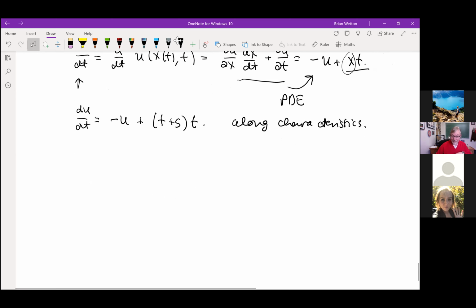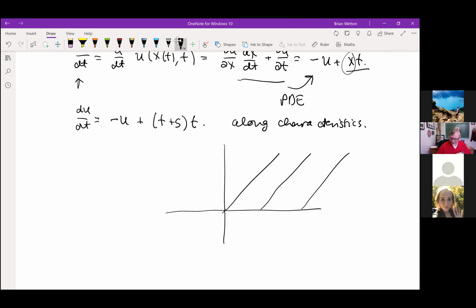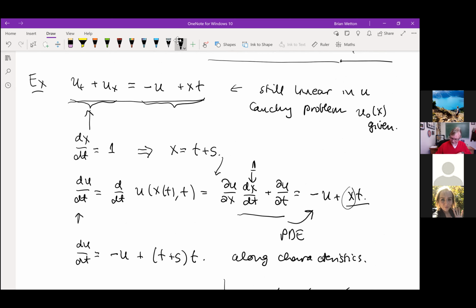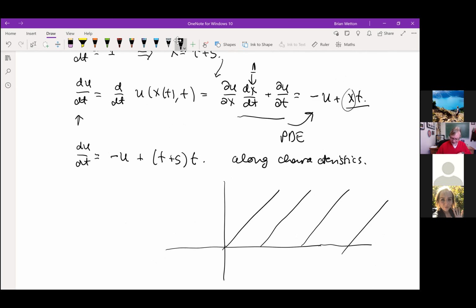Right, I can draw the same picture that I've drawn before. I'm looking at the solution along these straight lines. I've gone back to straight lines for this example, just to make one thing easier as I make something else more complicated. Originally, along these lines, we had u being constant, right?